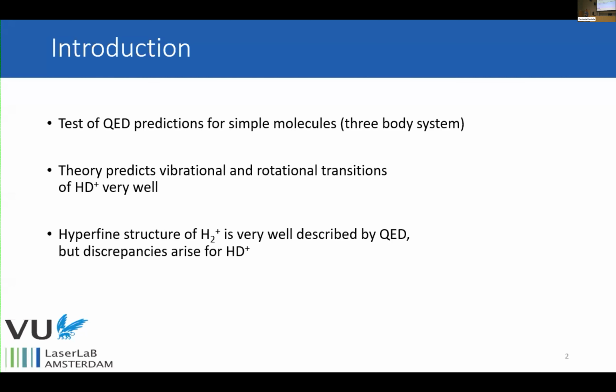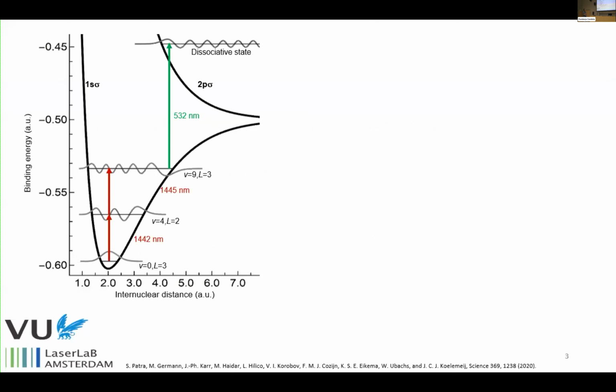So our predecessors in our group looked at HD+ previously, and they measured the transition frequency between V equals 0, L equals 3, to V equals 9, L equals 3.